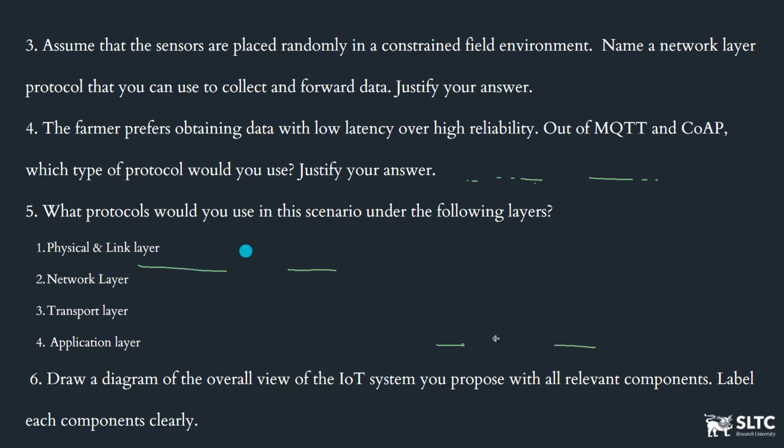You can't mention multiple protocols, just only the protocols that you are using under each layer. And then what is the total overall view of the IoT system that you propose with all relevant components? So you can mention all the relevant components used in your IoT system and label each of the components clearly. Okay, so that is what I'm asking in this question.